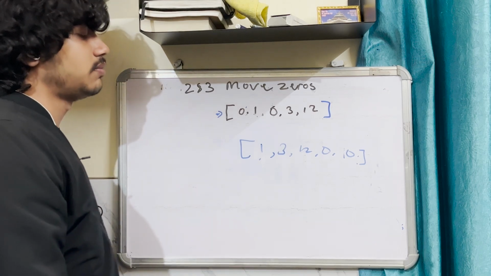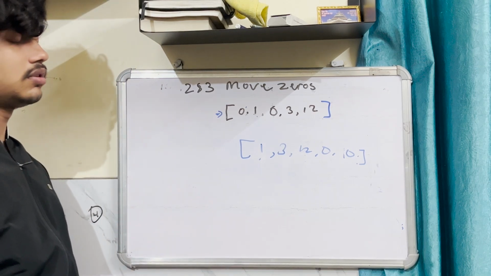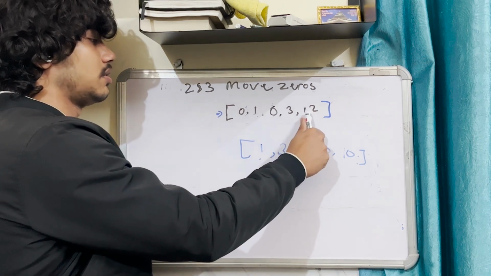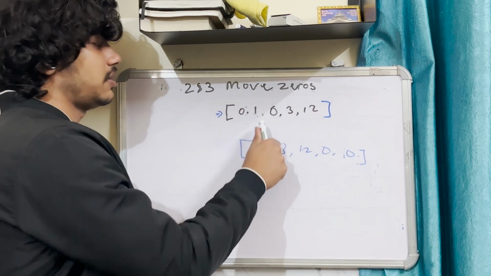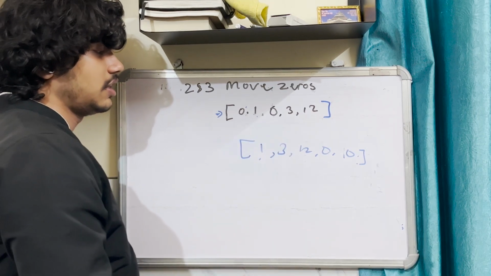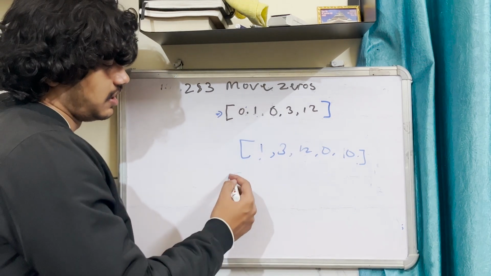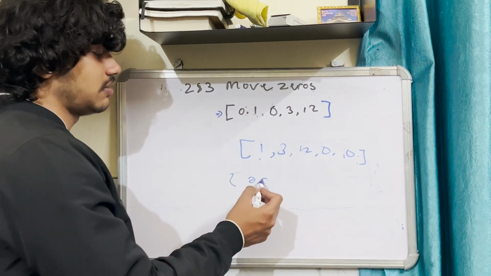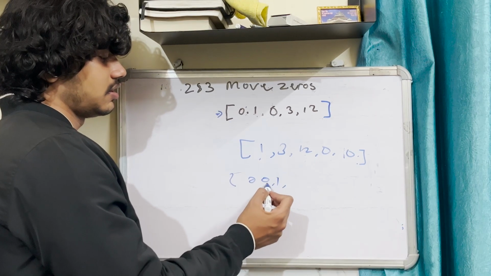You can use a while loop also, like I used two pointers, but the main problem was the position where you will be transferring the element. The other thing I was thinking is to simply sort the array, because it would give zeros in the front, something like that.